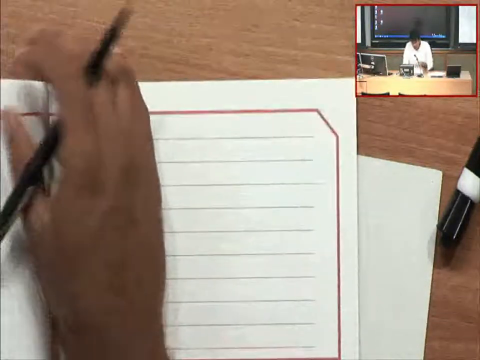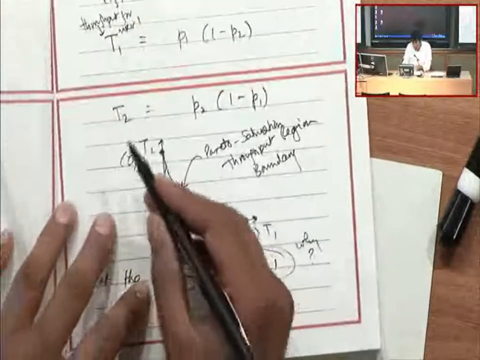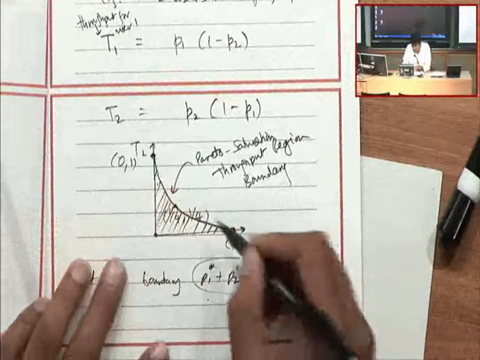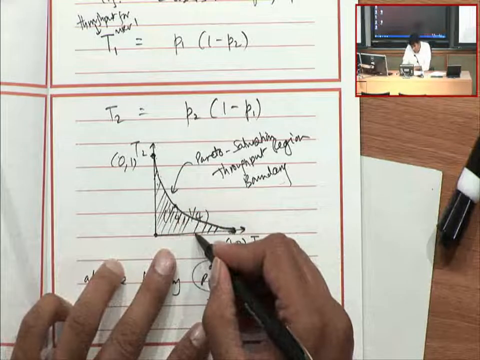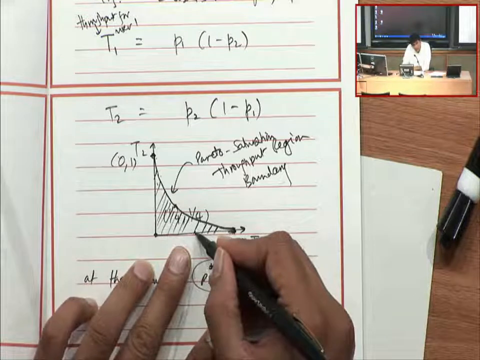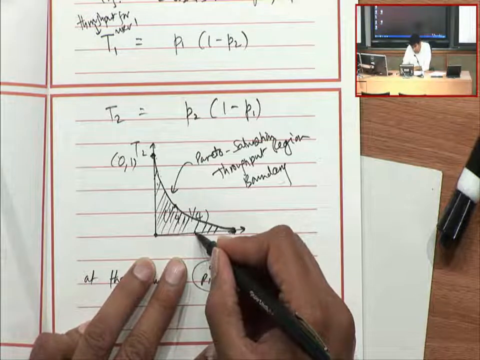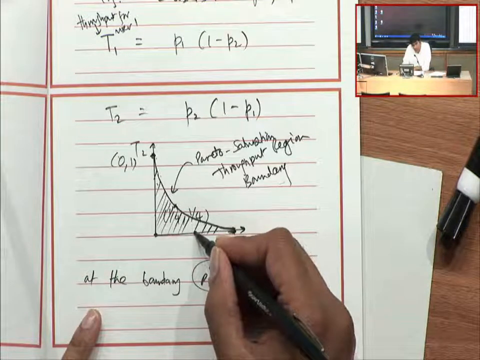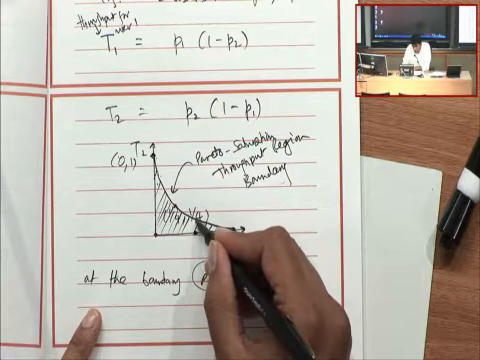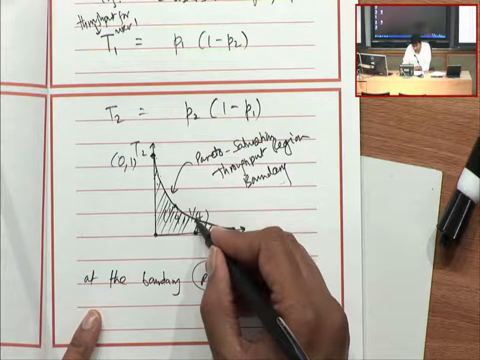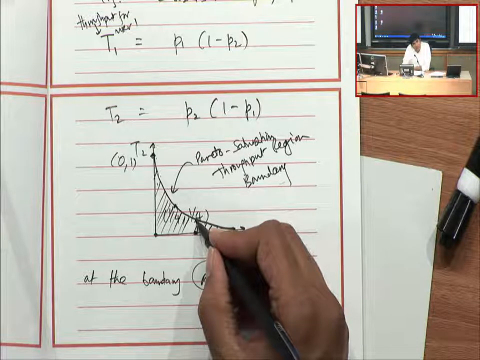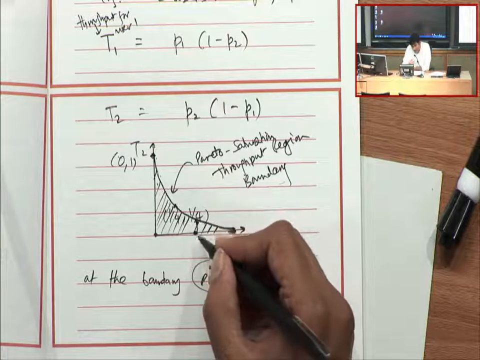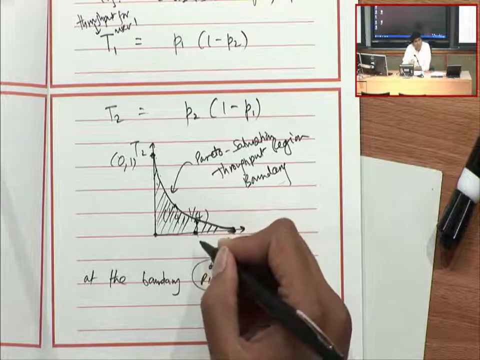So what are we trying to do? One way to think about our problem is we want to derive this saturation throughput region. One way to look at this region is that for every choice of T1, if I say that I'm setting my throughput for the first user to be some number, what would I like to do in order to be at the boundaries? I would like to maximize T2, right? For what value of the probabilities can I maximize T2 subject to T1 being a certain value?